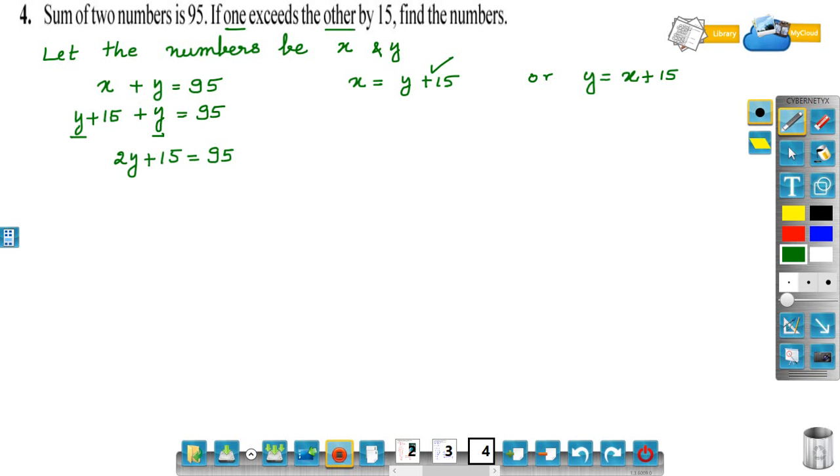For that, transfer 15 to the right side. That becomes 2y is equal to 95 minus 15, so 2y is equal to 80. 2 into y, so divide by 2. y is equal to 40.